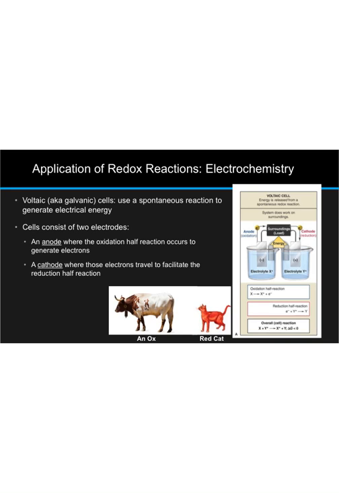We give special names to the cells that contain either the oxidation or the reduction half reactions. The cell where the oxidation half reaction occurs is the anode, and the cell where the reduction half reaction occurs is the cathode. So at the anode of an electrochemical cell, electrons are produced.